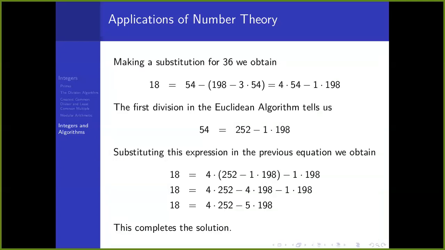And we've been able to find S to be 4. If you look at the very last equation down here, S is 4 and T will be negative 5. It's possible to find other values of S and T that work, and we shall explore that later.